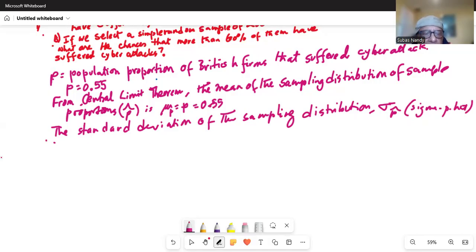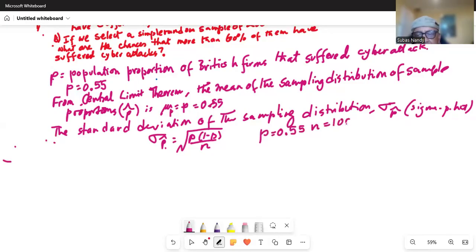From the central limit theorem, sigma p hat is equal to the square root of p times 1 minus p over n. My p is 0.55 and my n, the sample size, is 100.